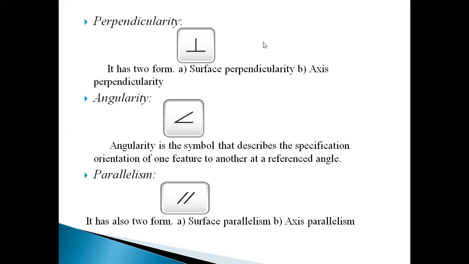The surface form control is similar to flatness, with two parallel planes acting as its tolerance zone. Axis parallelism is a tolerance that controls how parallel a specific part's central axis needs to be to a datum plane or axis. Parallelism is mostly called out as surface parallelism.